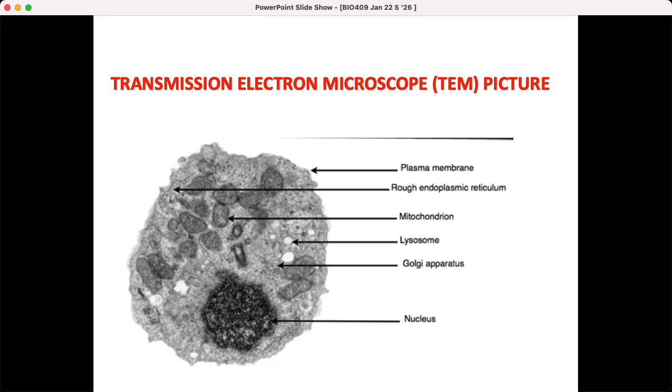And so that's TEM, and that's one kind of microscopy. An example on an exam would be, describe one kind of electron microscopy. And you could say, well, there's the transmission electron microscope, and what's it used for? It's used to look at cells and look at the features of cells through that transmitted light.